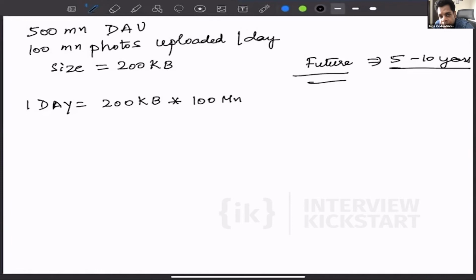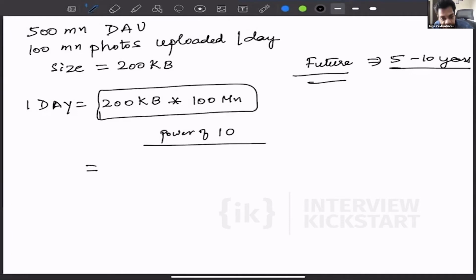The important thing here is that we should be thinking in terms of powers of ten. So we will convert this expression into powers of ten. This 200 becomes 2 times 10 to the power 2.